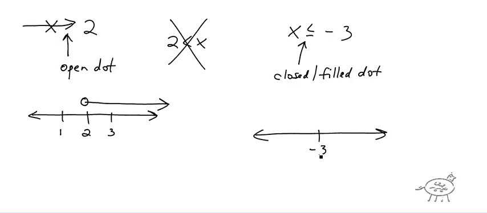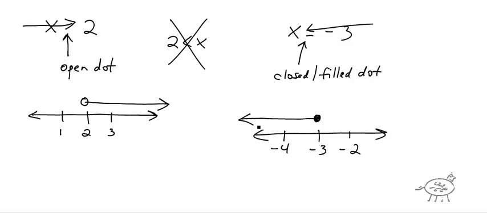And be careful when you're graphing negative numbers. The more you go to the left, the more negative. So this is going to be negative 4, and this is going to be negative 2. Be very careful about that. Since that's a less than or equal to, it's a filled dot. And again, this one points to the left, so this one points to the left also. And that's the graph of x is less than or equal to negative 3.